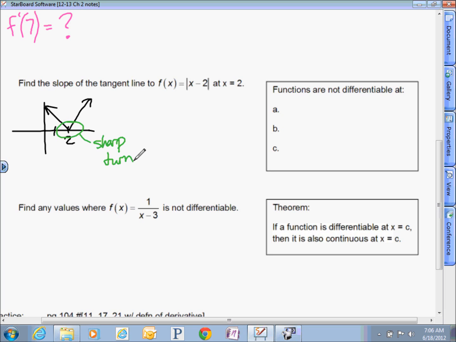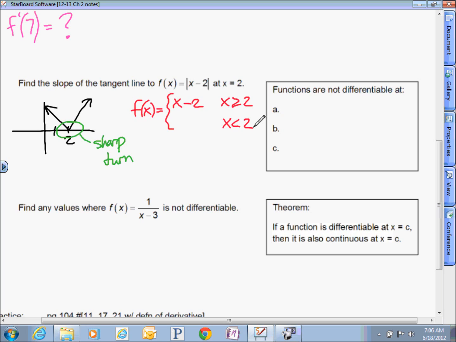Well, think back to the days of defining what this really looks like. If we were to write f of x as a piecewise function, to the right of x equals 2, in other words when x is greater than or equal to 2, we would have the function x minus 2. To the left of x equals 2, it would have been the same x minus 2 function, but because that part of the graph was below the x-axis, the absolute value would have effectively flipped it above the x-axis.